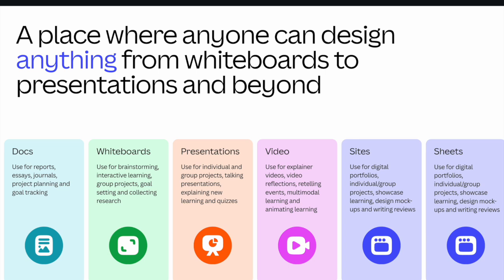So on top of the general designs that you can create in Canva, you also have access to the visual suite. So we have access to docs, whiteboards, presentations, Canva videos, Canva sites, and Canva sheets. So Canva is more than just a poster creation tool. You've got all these amazing resources that you can use in the visual suite in Canva.